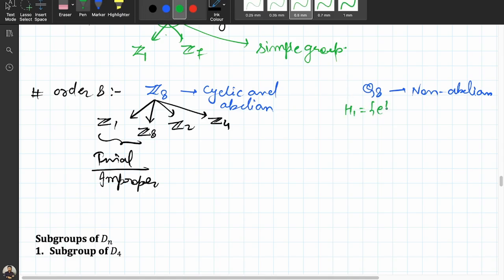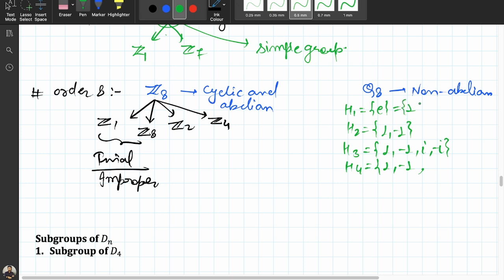H1 is identity. H2 is 1, minus 1. H3 is 1, minus 1, iota, minus iota. Then H4 is 1, minus 1, because identity is equal to 1 only.